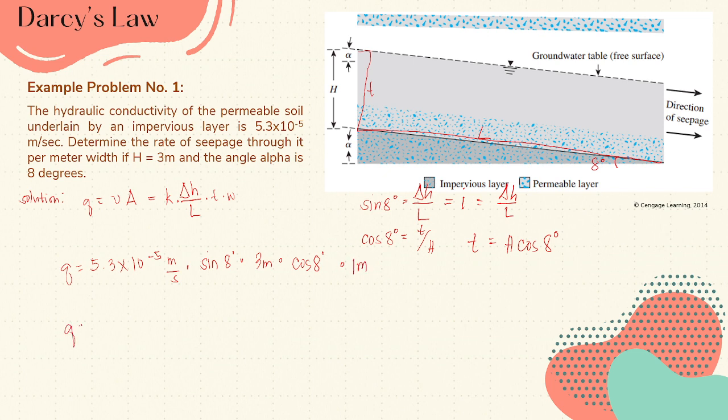So you can get Q is equal to 0.0789 cubic meters per hour per meter width.